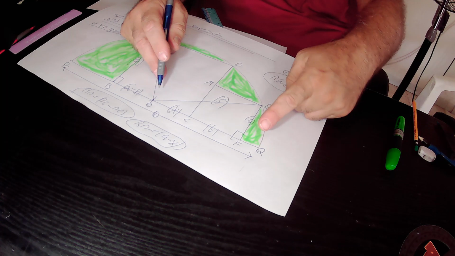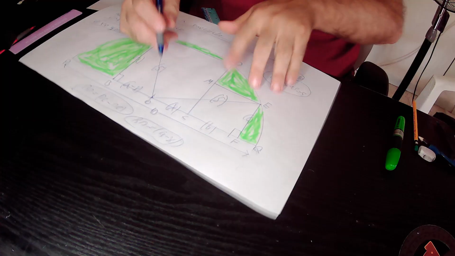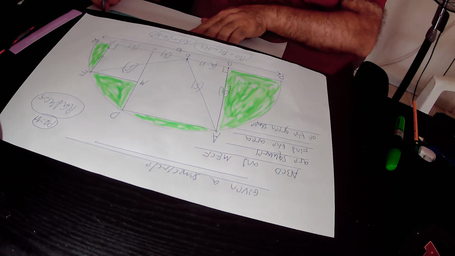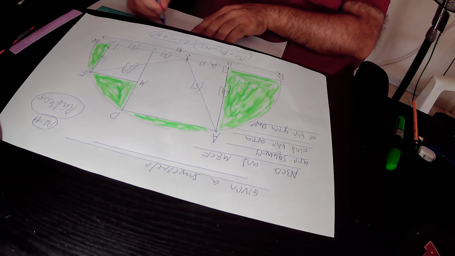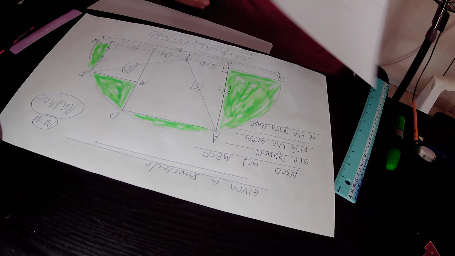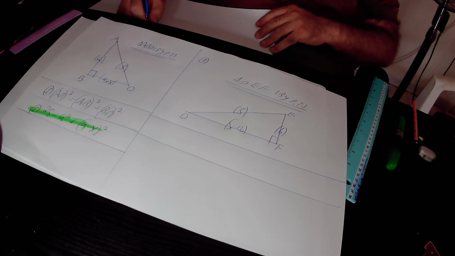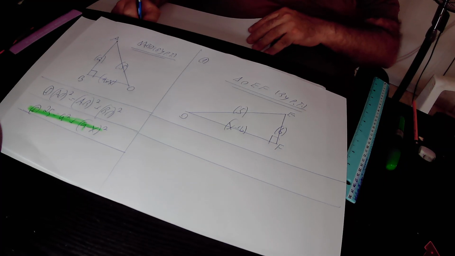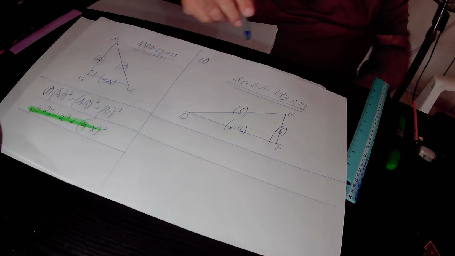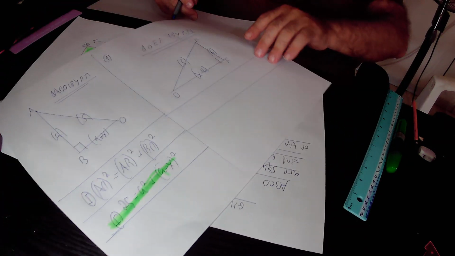Side OF of the right triangle OEF equals X plus B in total. Okay. So actually, this is the right triangle OEF according to the original drawing. According to the Pythagoras theorem, OE squared, that is the square of the hypotenuse, equals EF squared plus FO squared. So I write it down. This will be equation 2.